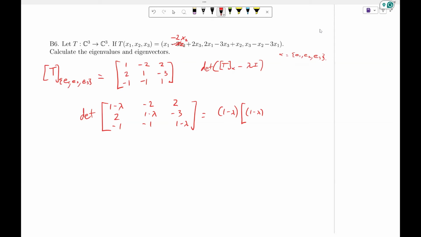1 minus lambda squared -3 plus 2 times -2, 1 minus lambda.